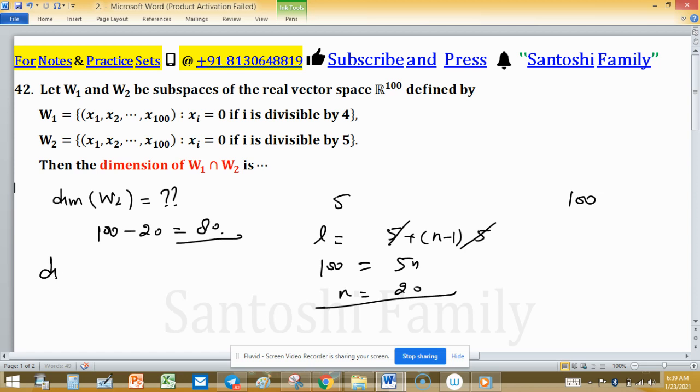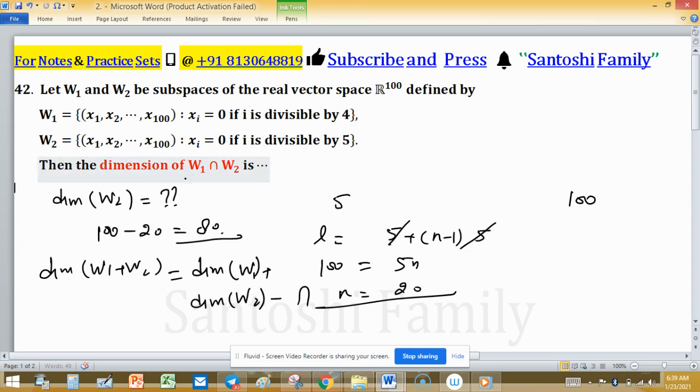You can find the dimension of W1 plus W2 and apply the formula: dimension of W1 plus W2 equal to dimension of W1 plus dimension of W2 minus dimension of the intersection. But the easiest way to find the dimension of the intersection is to take an element in the intersection.